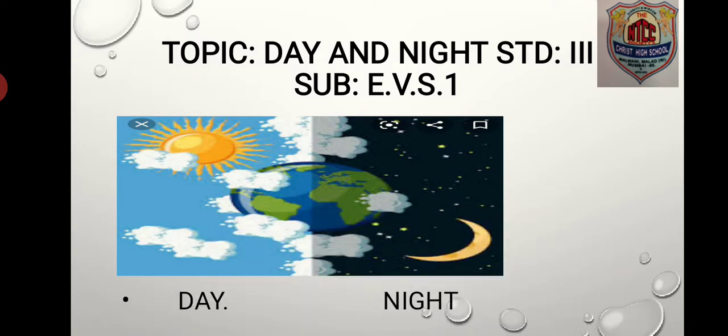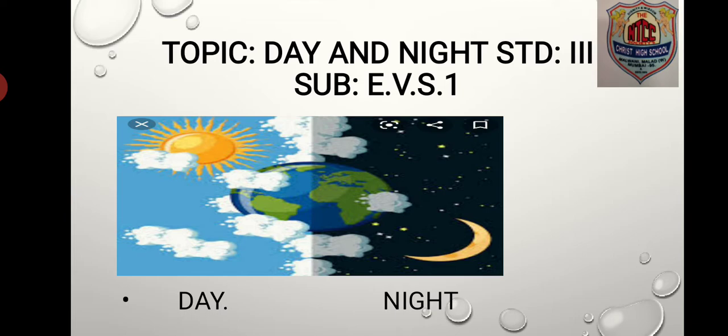Today our topic is day and night, for standard 4th, subject EVS 1. Students, you can see the picture over here which shows day and night, and you can see the difference between them. In the daytime you can see the sun, and in the night time you can see the moon, and in between is the earth.